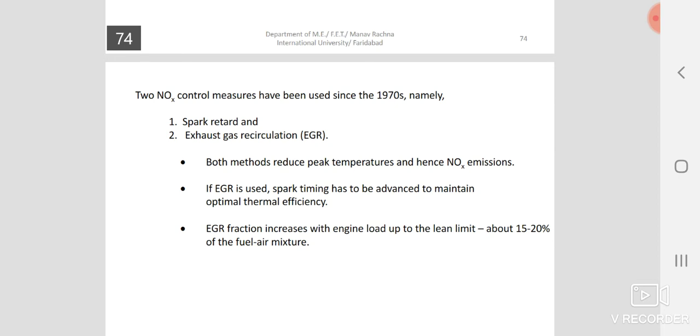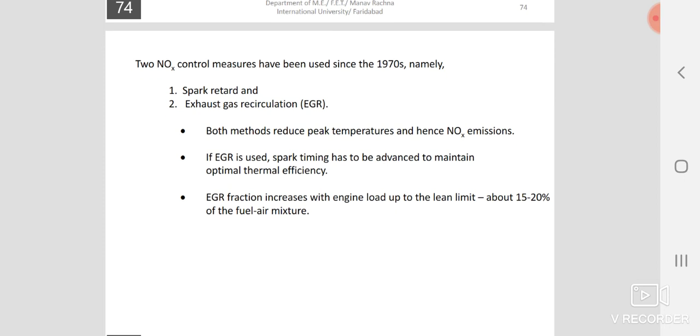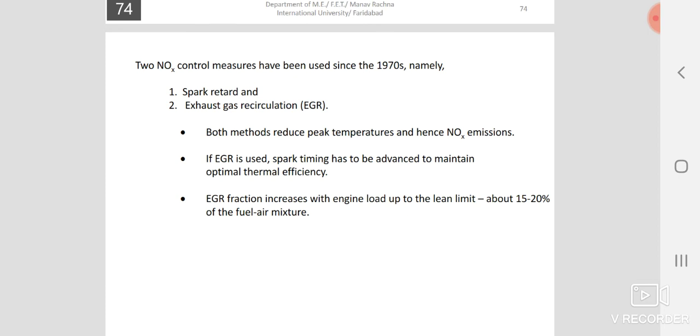So it burns easily, the combustion happens easily. Both methods reduce peak temperature and hence NOx emissions. Peak temperature reduces as a result of that, and NOx emission decreases.